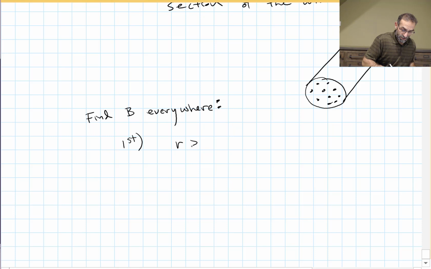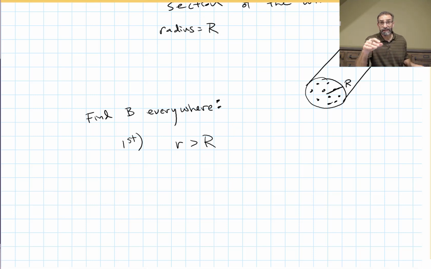R greater than the radius of this thing. This is radius R. We could use Biot-Savart Law, integrate from minus infinity to plus infinity, but let's just do it with Ampere's Law.